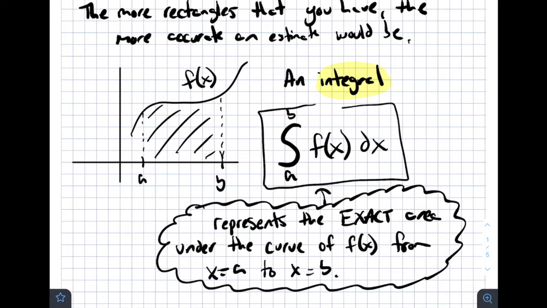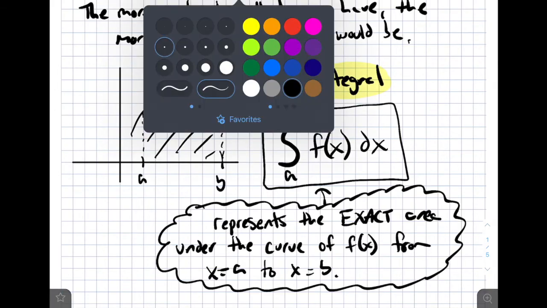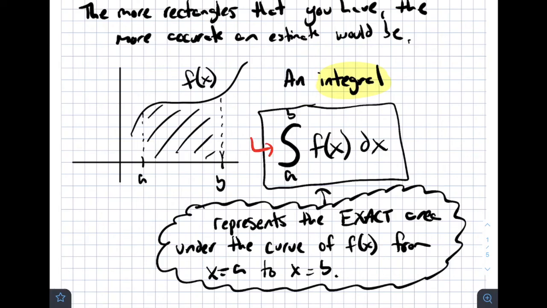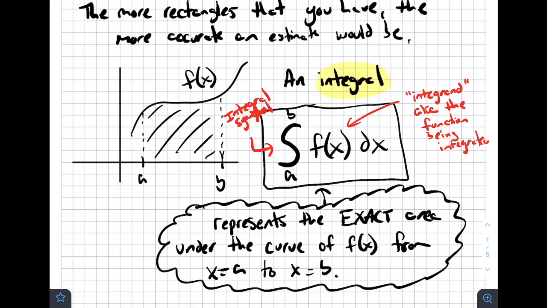So we have this new way to write this area. First off, let's start with this S-shaped thing. This is referred to as the integral symbol. This f of x here is the function that is being integrated. It's called the integrand, aka the function being integrated. And that's just this part right here.